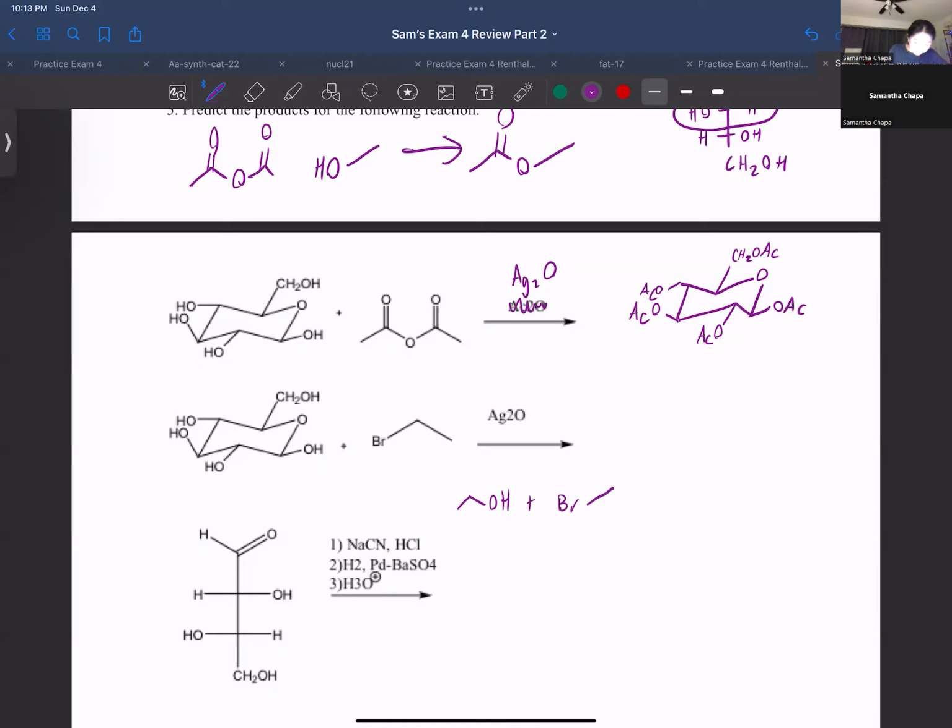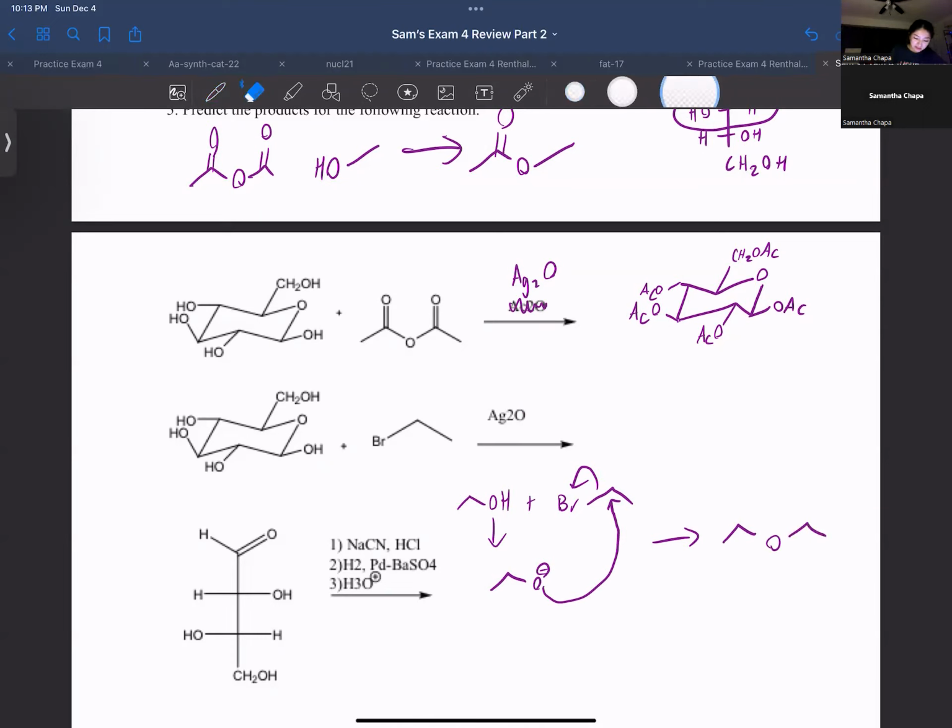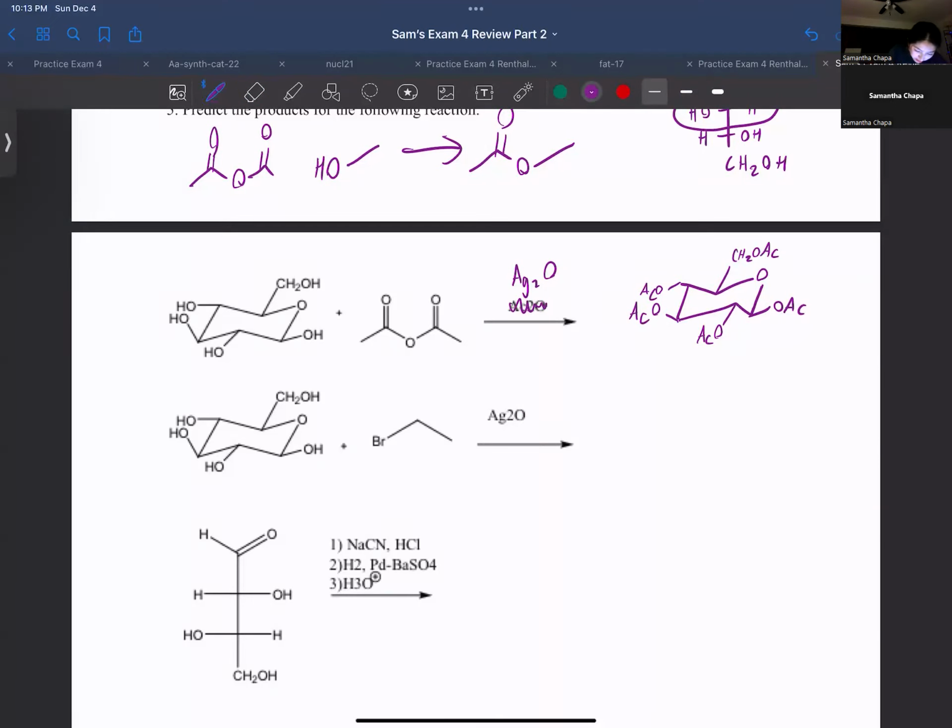I'll do another example. So remember, this Ag2O provides an OH group. And so that OH group that you're reacting it with will turn this into a negatively charged oxygen. This is your nucleophile, and we have this as an electrophile. Leave the leaving group, and it's like a little Williamson ether synthesis. So now I'm going to erase that, and now start drawing.